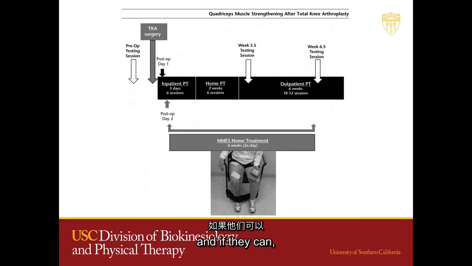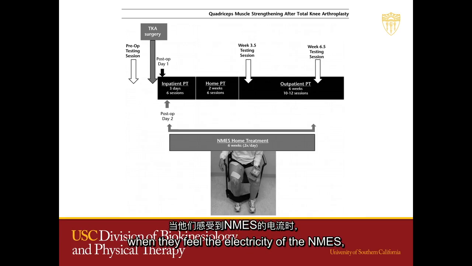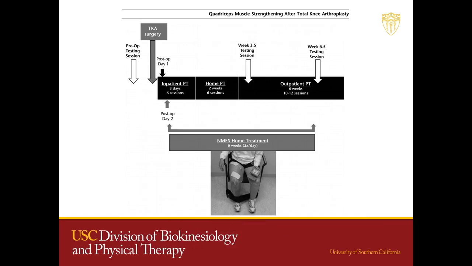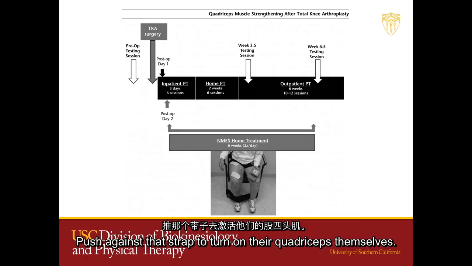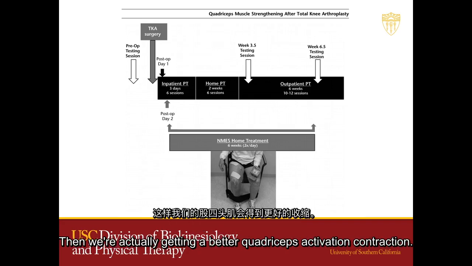And if they can, when they feel the electricity of the NMES, then push against that strap to turn on their quadricep themselves, then we're actually getting a better quadricep activation contraction.